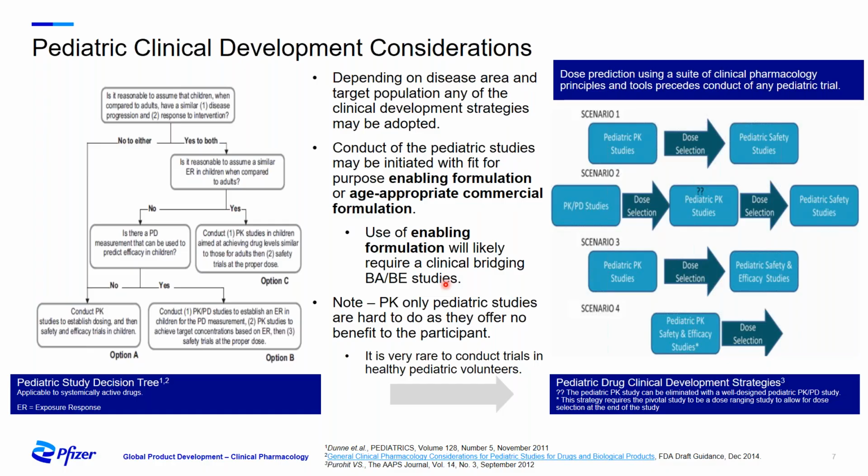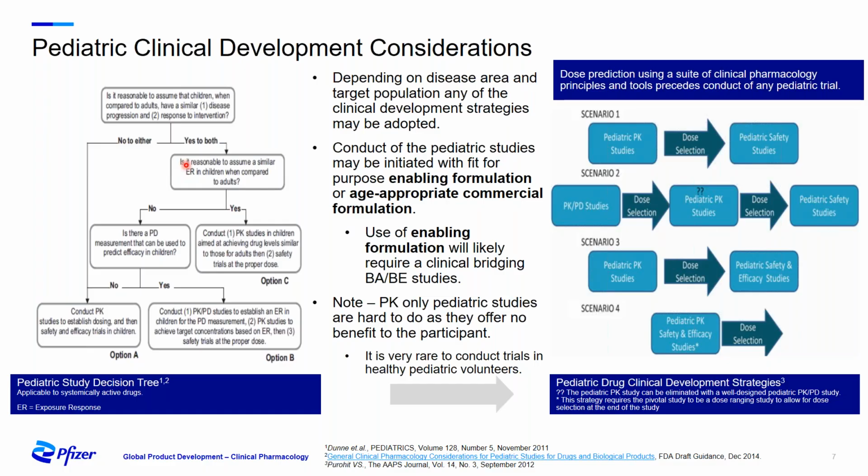Depending on the answers, this is followed by another question, which is whether the exposure response, represented by ER in this decision tree, is similar to that in adults? So depending on the answer to these specific questions, you could end up considering three main options.